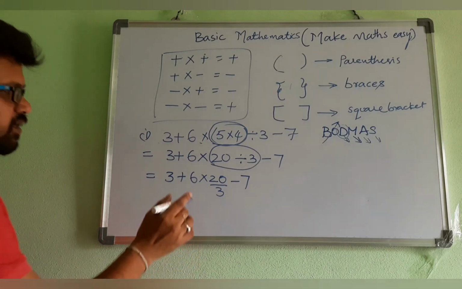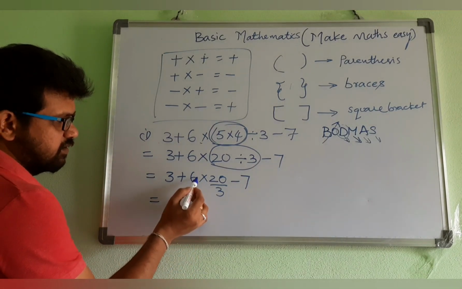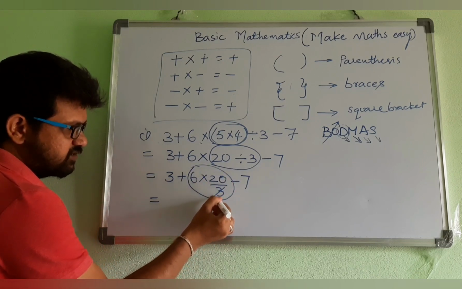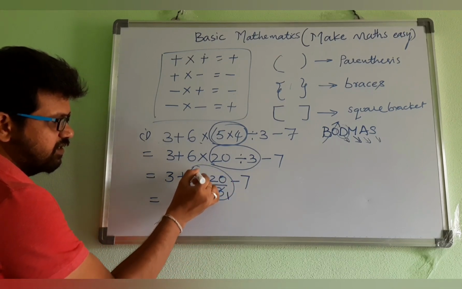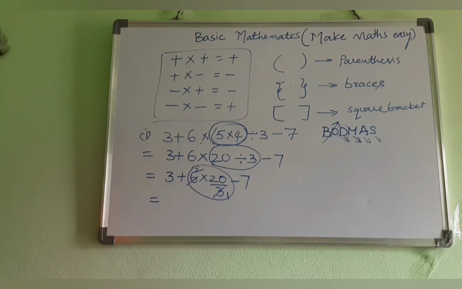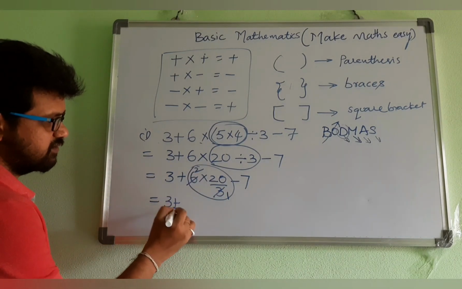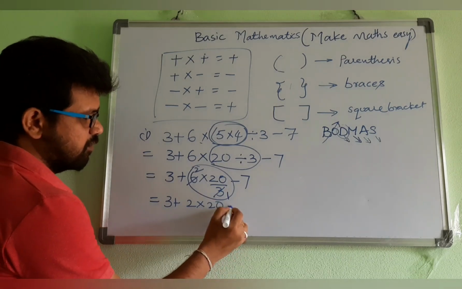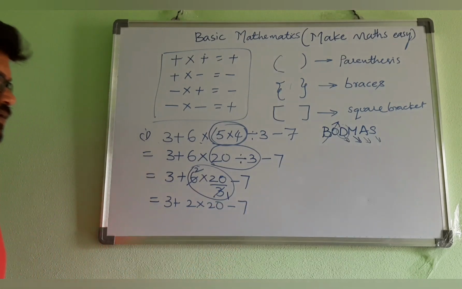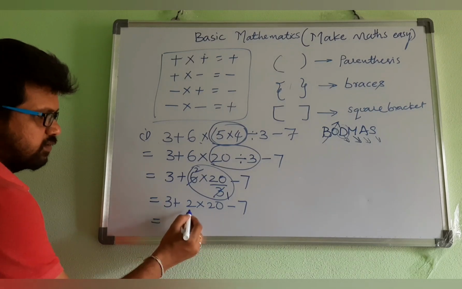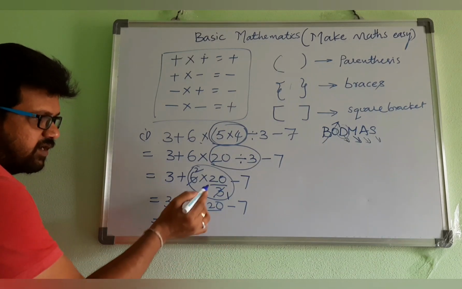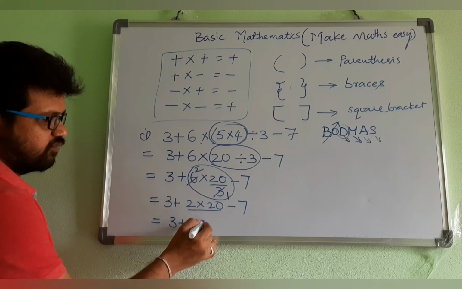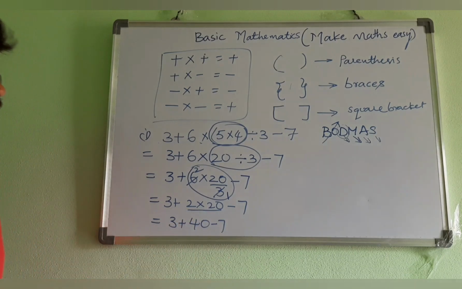Okay, division over, and next multiplication. Multiplication between these two numbers. So what I am doing is 3 ones are 3, 3 twos are 6. So we get 3 plus 2 into 20 minus 7. Okay, so now again multiplication, we got it after this step also. 3 plus 2 into 20, 40 minus 7.